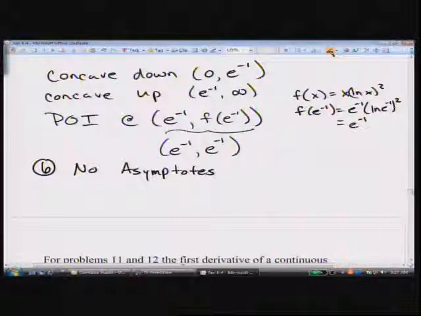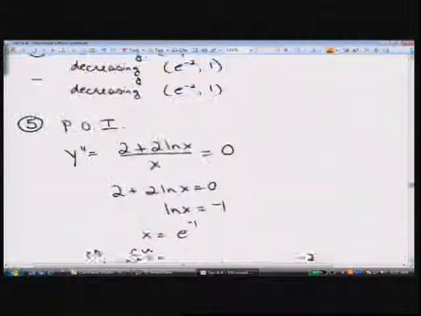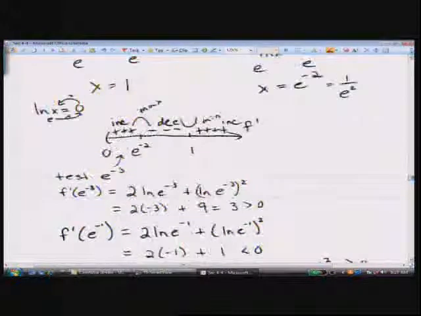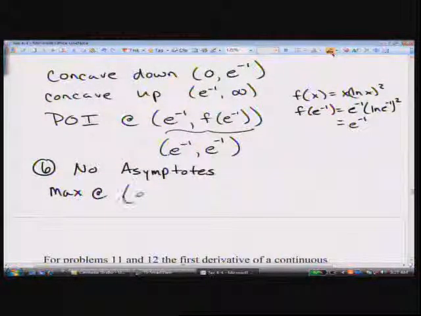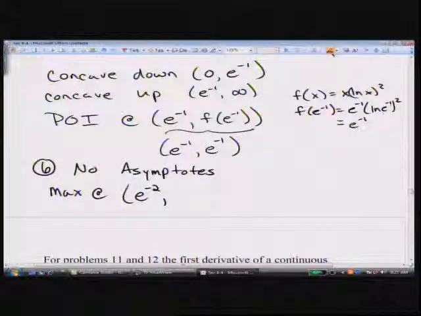All right, and so we decided that we have a max at, our max was at e to the negative 2, and our min was at 1. So we have a max at e to the negative 2, comma. If I plug e to the negative 2 in here, it will be 4e to the negative 2.